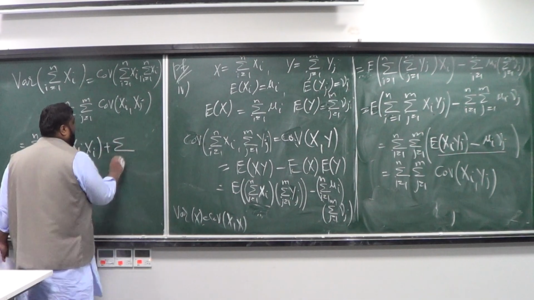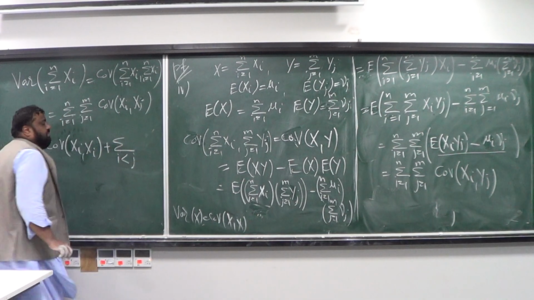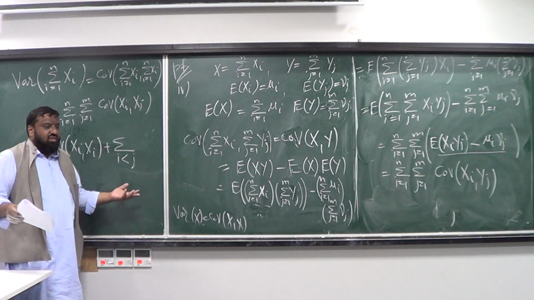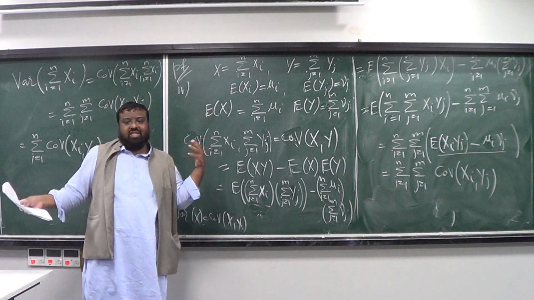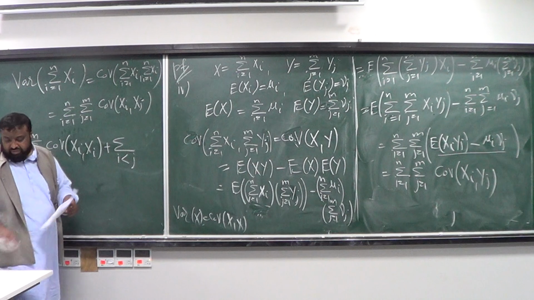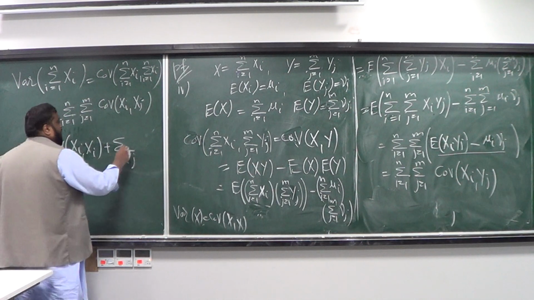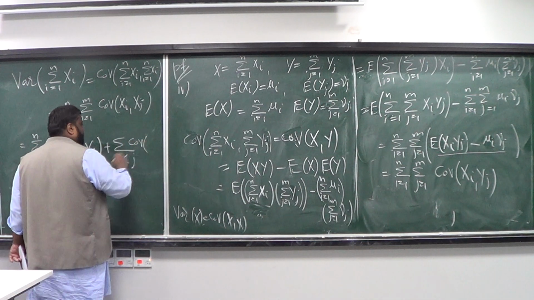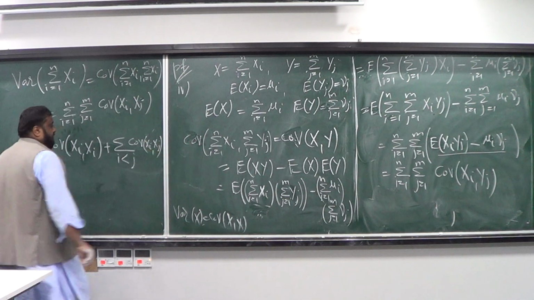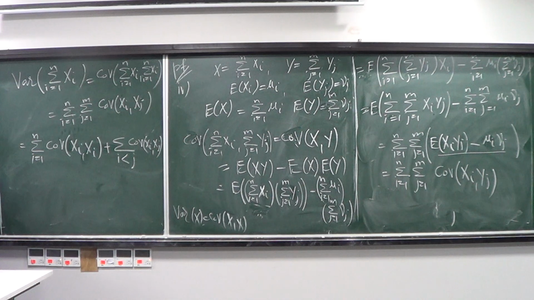Plus the sum when i is different from j. If i is different from j, then you have the trichotomy law, three possibilities: either i is less than j or j is less than i. So let's say i is less than j. This would be equal to the covariance, also a double sum, of xi, xj.